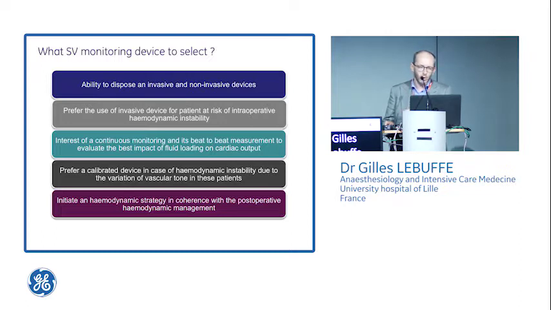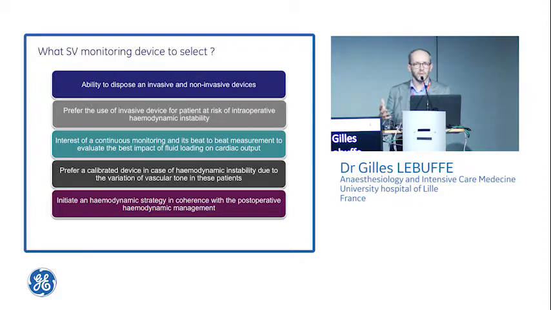And you have to prefer a calibrated device in case of hemodynamic instability due to variation of vascular tone in this patient. And after, we have to be logical. If you install stroke volume monitoring during the intraoperative procedure, you have to think about the postoperative care of your patient.